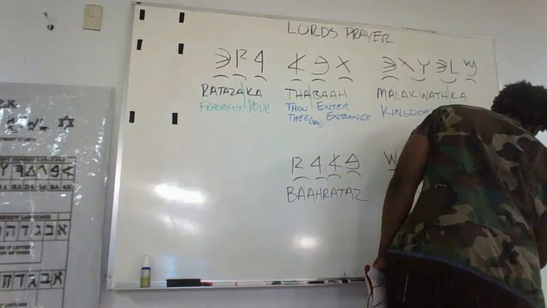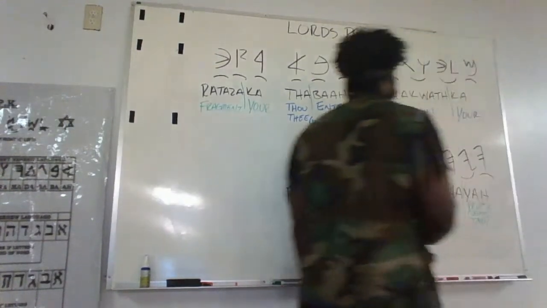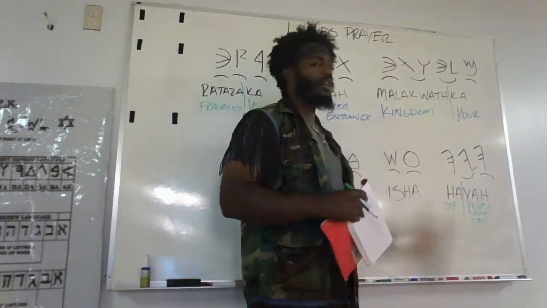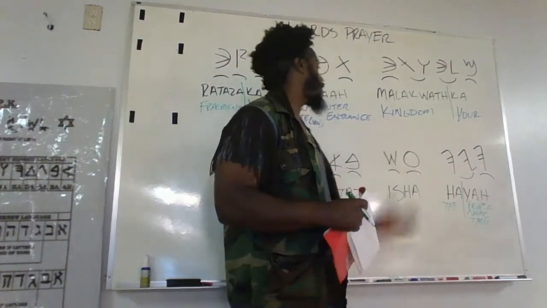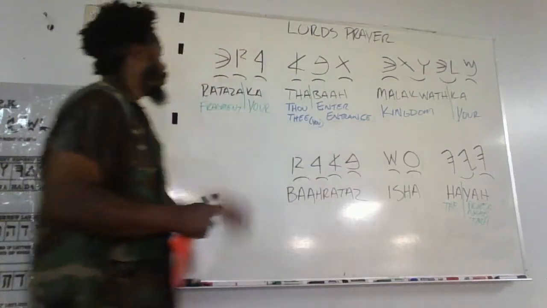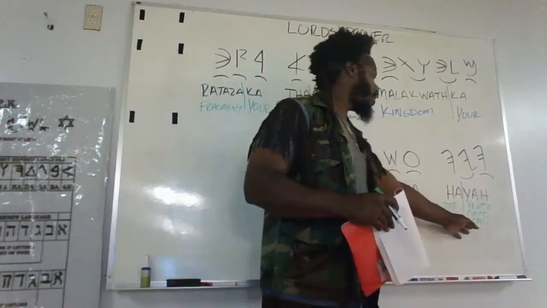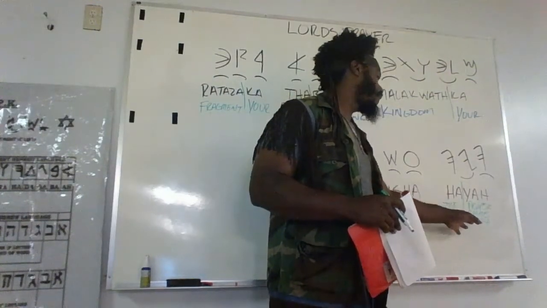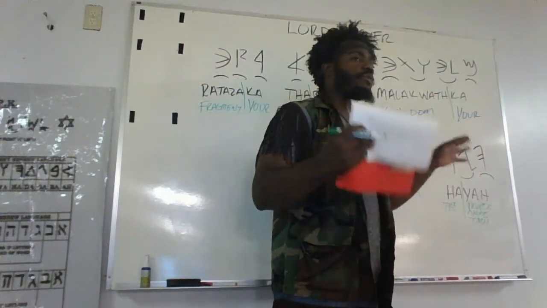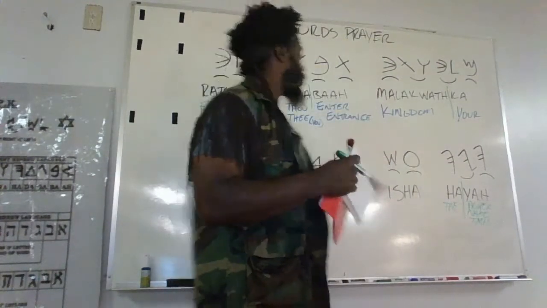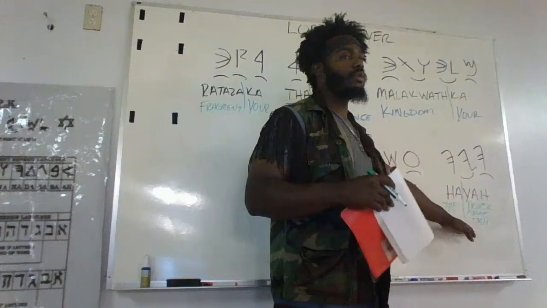This prayer is a conversation between you and the Most High. Okay? Because we're talking about your kingdom. Whose kingdom are we talking about? The Most High's kingdom. Enter. Your fragment. Hayah is giving reference back to the third person. But whose fragment we're talking about is the Most High's fragment.